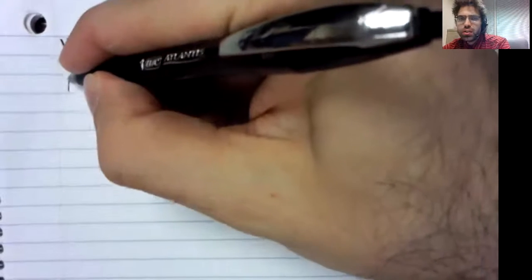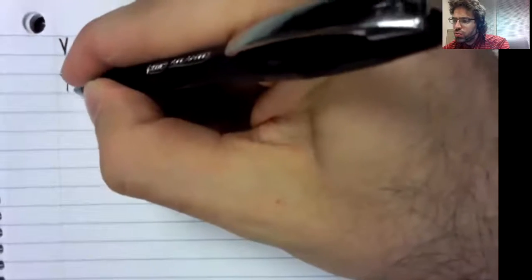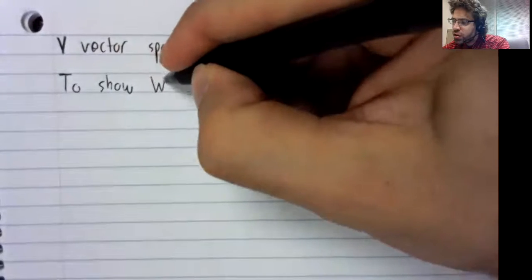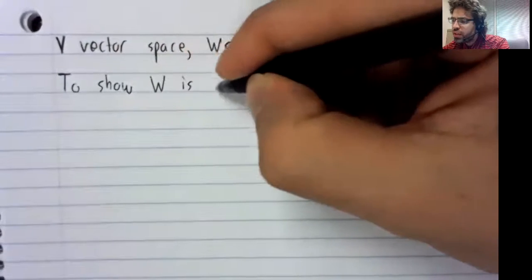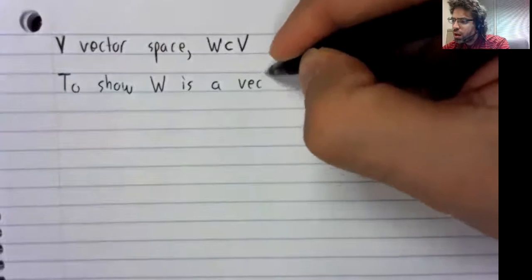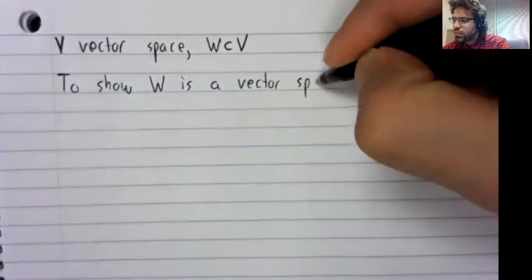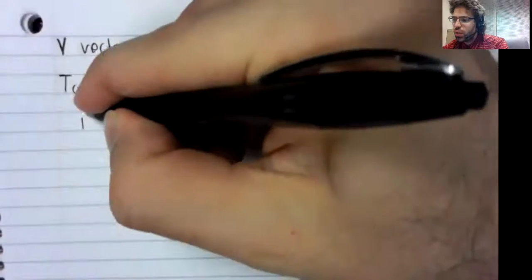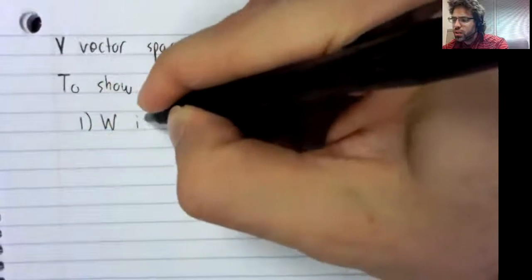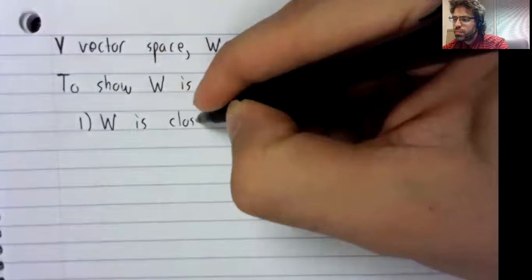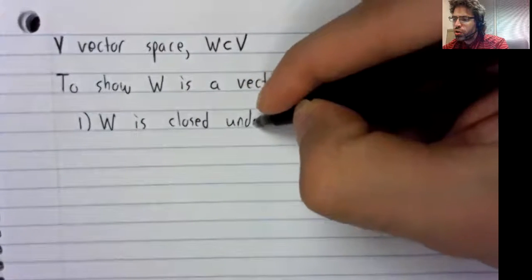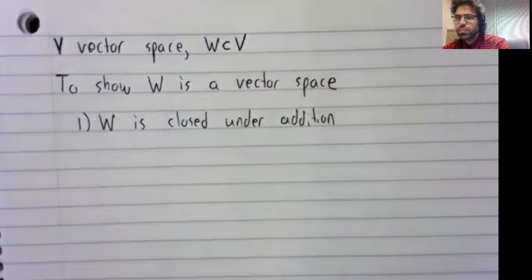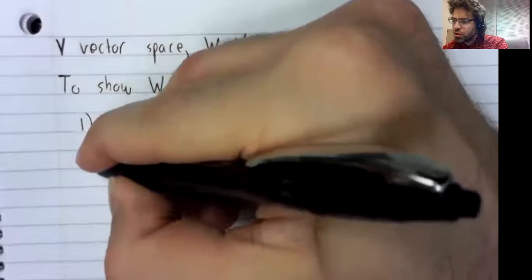And we need only show the following three things to prove that W is a vector space. 1. It is closed under addition. 2.